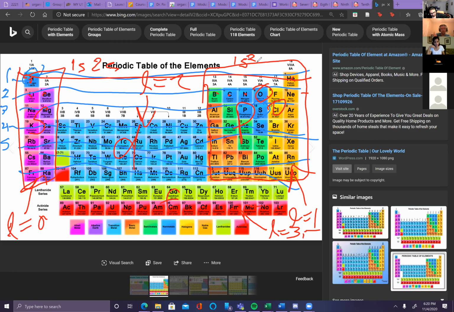Then we go to the second row: 2s2, because there are only 2 columns in the s orbital. And then in the p columns, we have 2p4, because we count 1, 2, 3 and stop at oxygen on 4. So we basically count all the electrons until we reach whatever element we're going for.